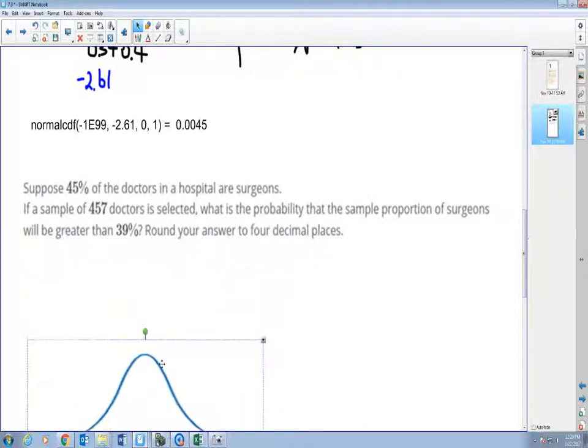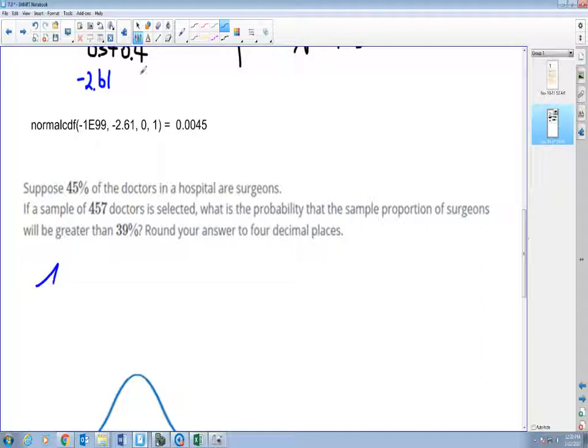So let me put it right here. Alright, so the mean of the distribution will eventually equal to the population proportion, excuse me, 0.45.